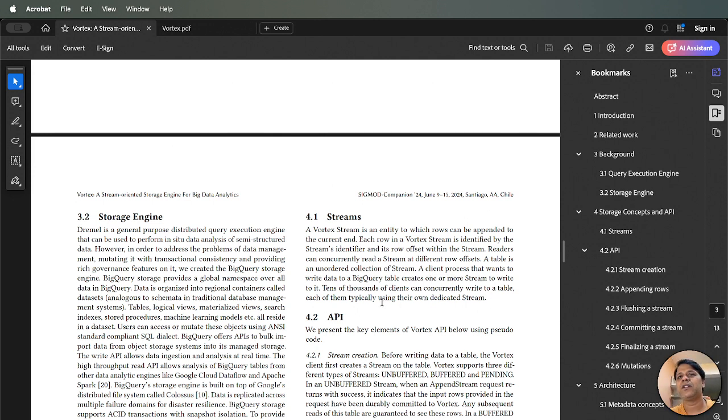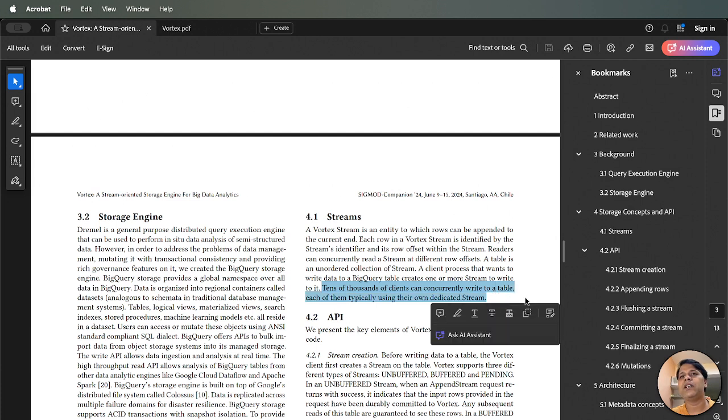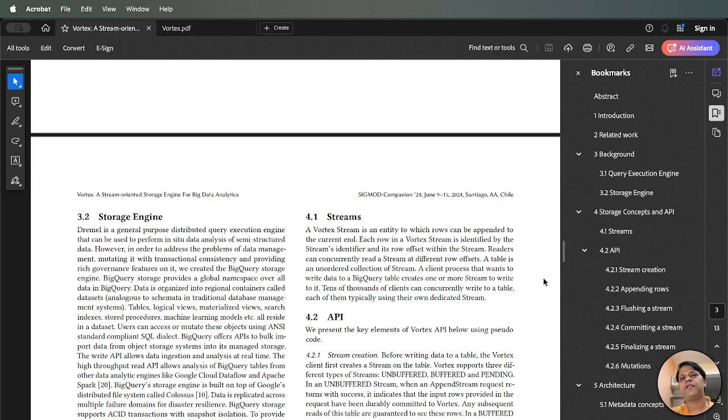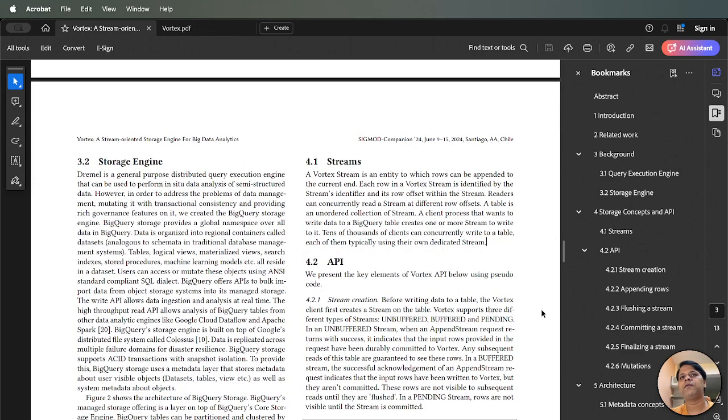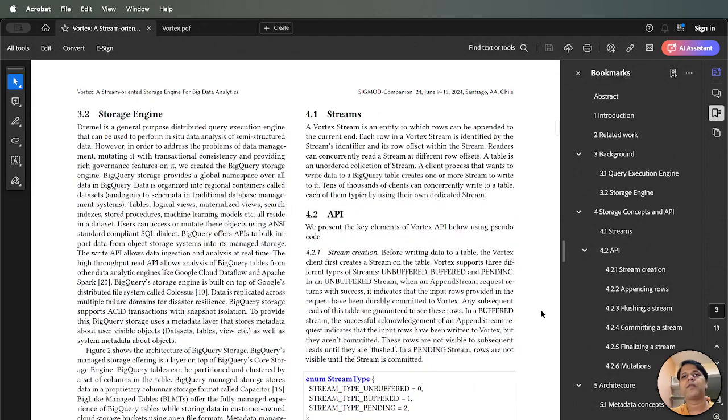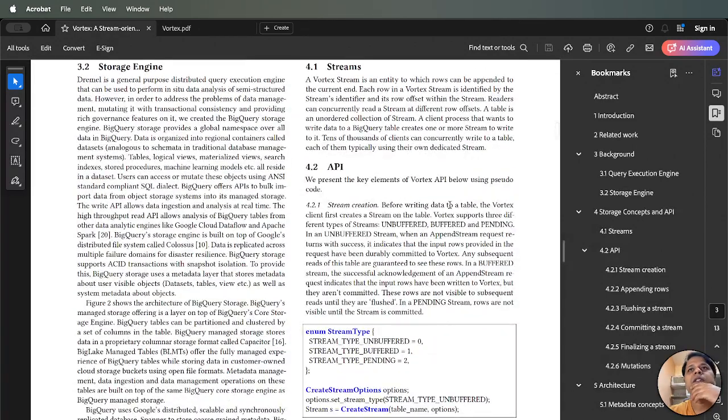Tens of thousands of clients can concurrently write to a table, each of them typically using their own dedicated stream. So one client can have multiple streams, but they are exclusive to that client. One client cannot write to another client's stream. Multiple streams can be there if they are writing in parallel. Okay, now let's see the APIs.